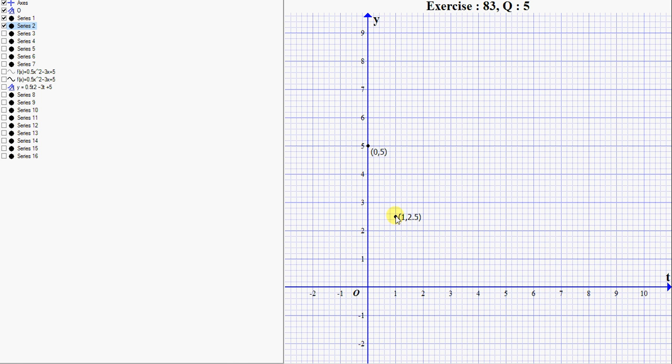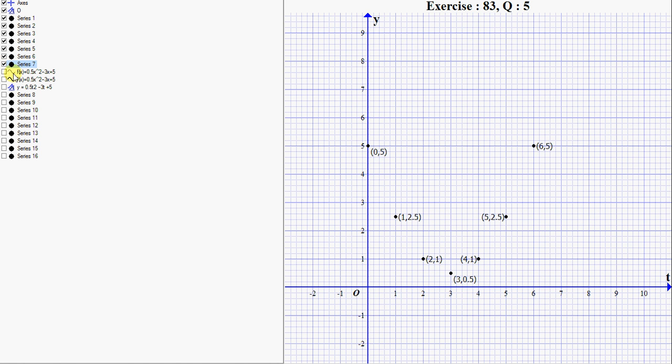Third point, 2, 1. Fourth point, 3, 0.5. Fifth point, 4, 1. Sixth point, 5 and 2.5. And seventh point, 6, 5.